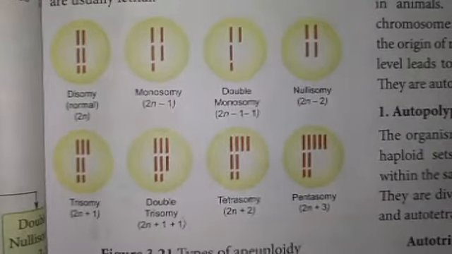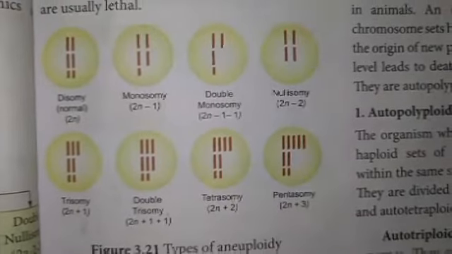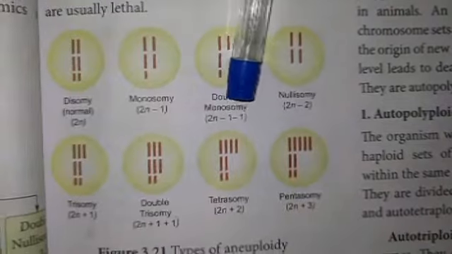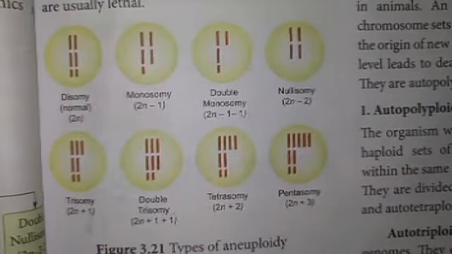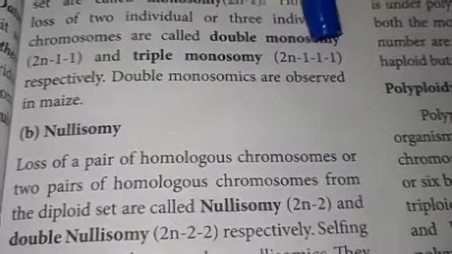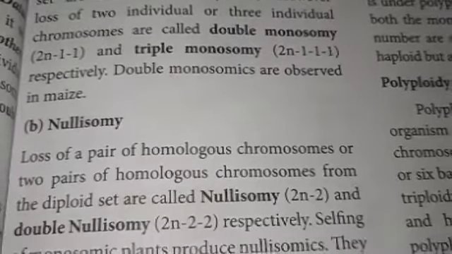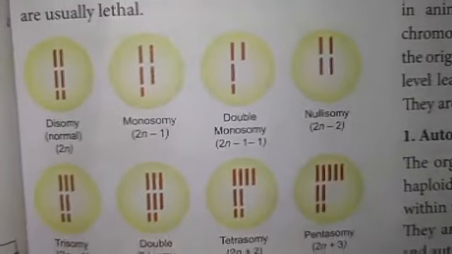Double monosomy is represented by 2n minus 1 minus 1. Triple monosomy is represented by 2n minus 1 minus 1 minus 1. Double monosomies are observed in maize plant.